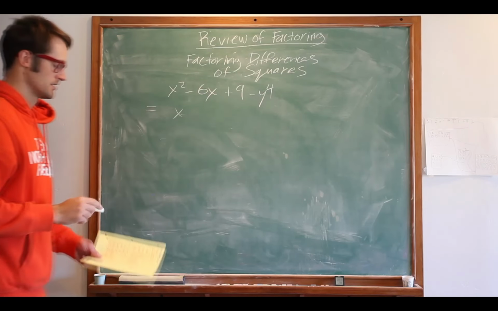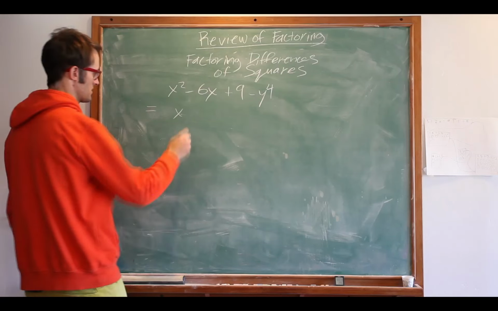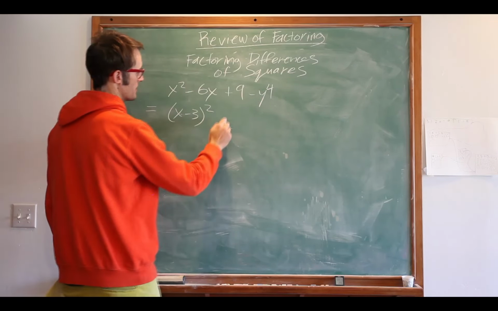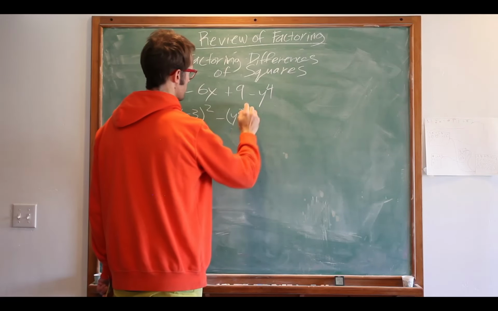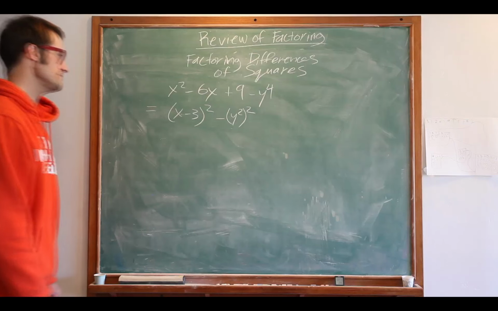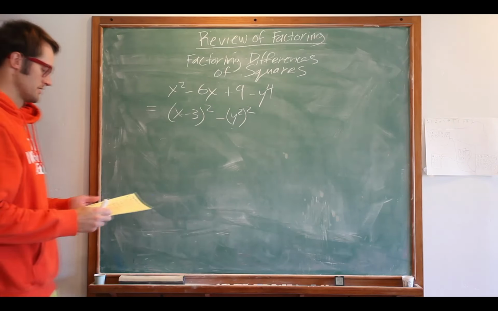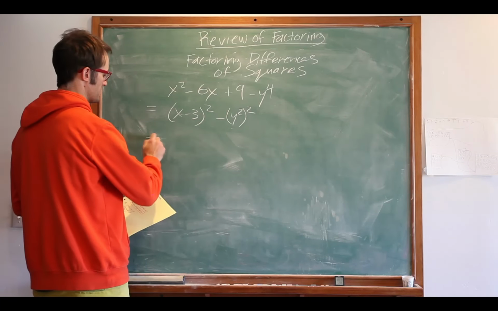x minus 3, x minus 3 squared, and then minus y squared squared. That works. And then we're going to just collect those into our difference of squares like we did last time.